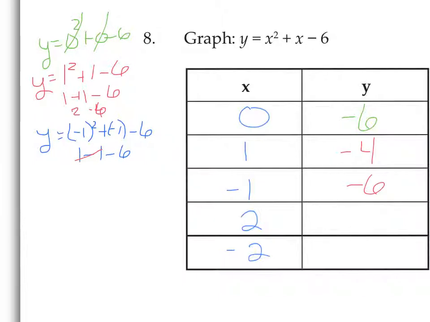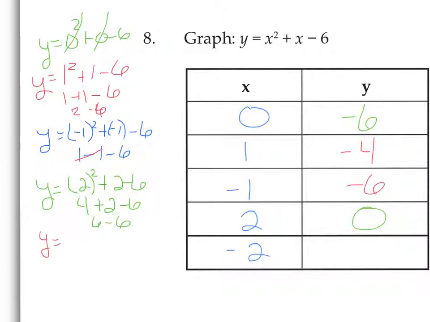All right, let's do this with positive 2. Y equals 2 squared plus 2 minus 6. So 4 plus 2 minus 6 is 6 minus 6, which is 0. And we're going to do it again with negative 2.